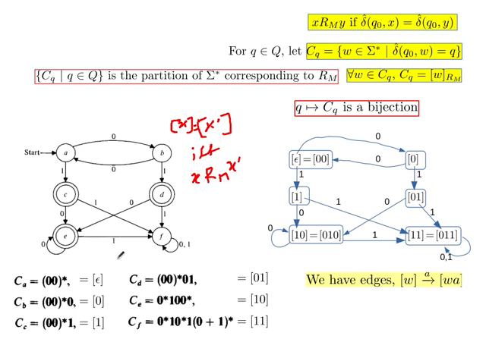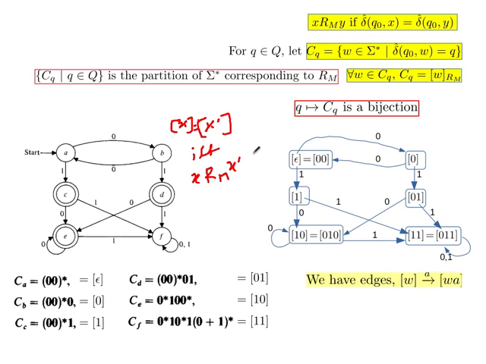So in that sense, these are equal because they both belong to the same class. See, epsilon belongs here and also 00 belongs here, so they are equal. And similarly, this is equal to this is equal to this, and so the states are actually the equivalence classes of Rm.